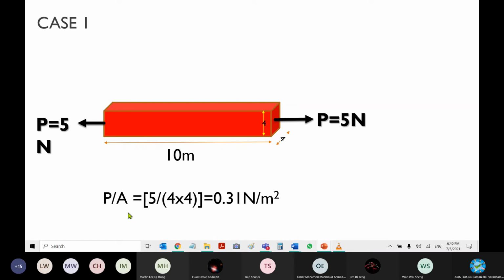It will be pressure over area, which is 5 over the cross section 4 by 4, already given. You end up with how much value? 0.31. Very fractional value. Pascals are exerted by the body, right? The stress is the response of the body, or the reaction of the body.